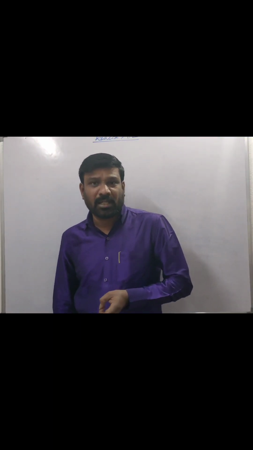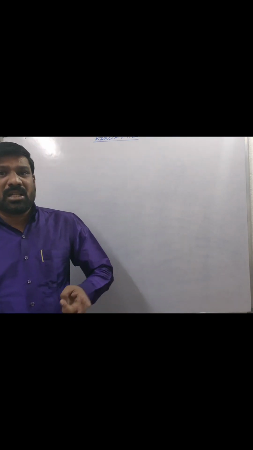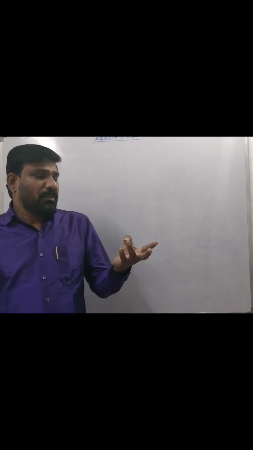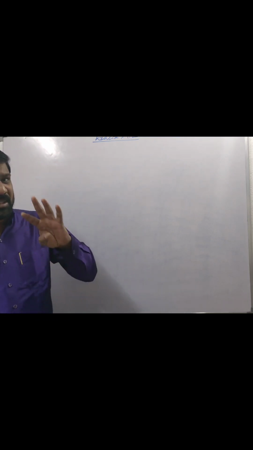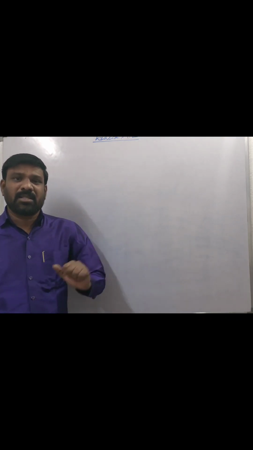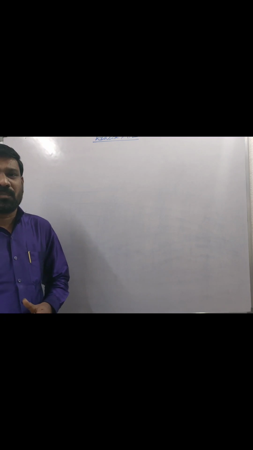For LCM: listing the multiples, division method and prime factorization method. For HCF also: prime factorization method, listing the factors method and division method. I have discussed this in the number system videos, right? You can go through my videos and you will come to know.